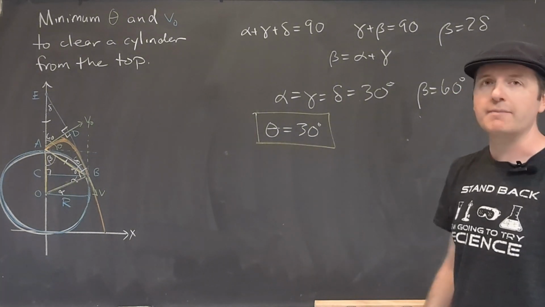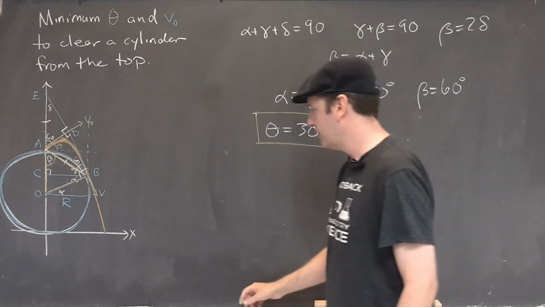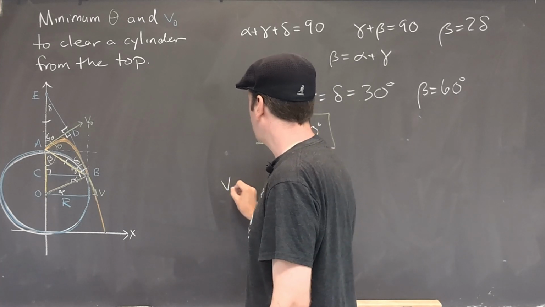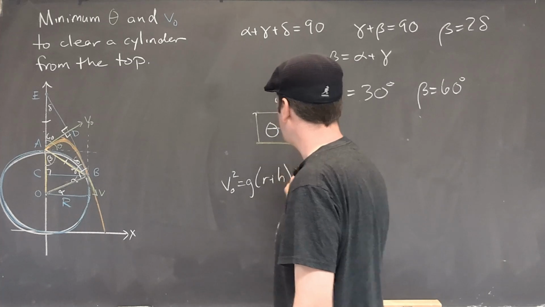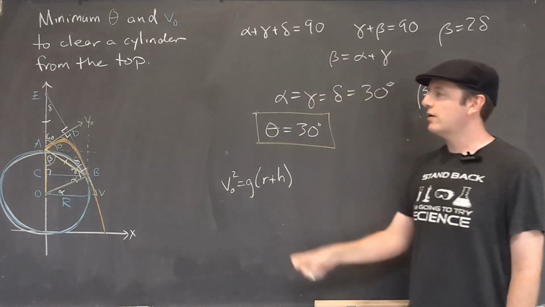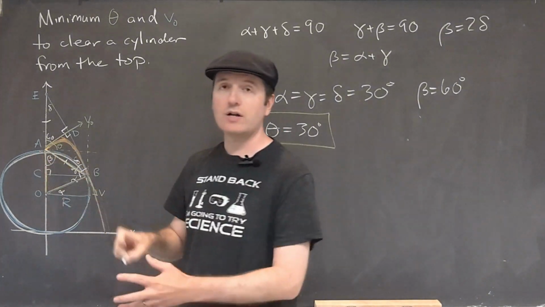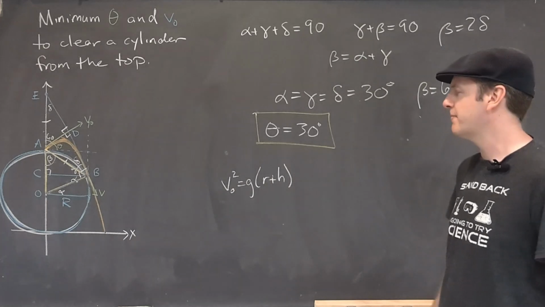in a way that does not intersect the cylinder again. Then to find V naught, let's recall we had a formula earlier that we'd written like this: V naught squared is g times (r plus h), where r is the distance between 2 points, the launch point and the final point, in this case point B, the point of tangency.